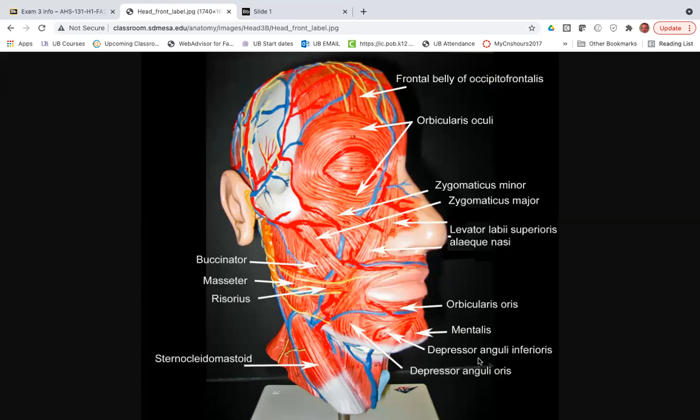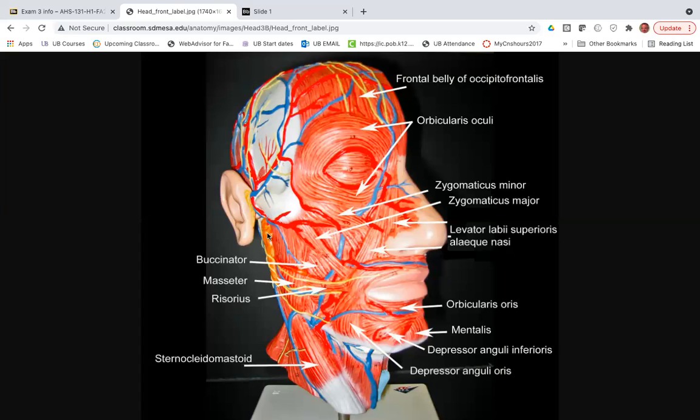And here's our depressor anguli inferioris. Here's our depressor anguli oris. And then the one that runs straight back is the risorius. That's kind of like if you just pull the outer part of your lips back.